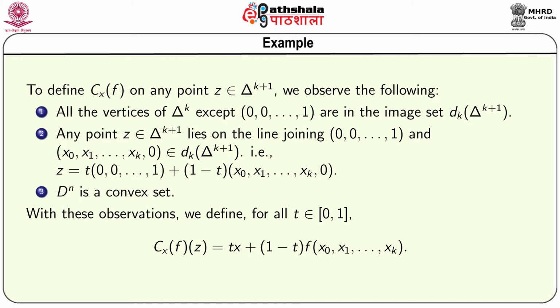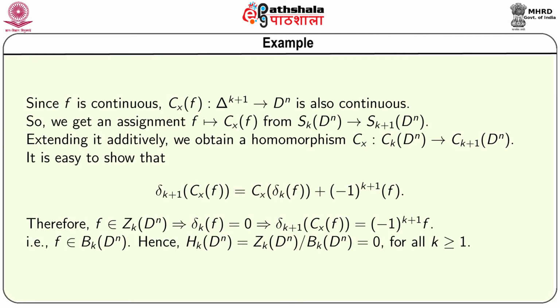With these observations, we define for every t belonging to the closed interval [0, 1] a function Cxf(z) equal to tx plus (1 minus t) f(x0, x1, xk). Since f is continuous, Cxf from delta k+1 to Dn is also continuous, because Cxf as defined earlier is just a linear combination of continuous functions.